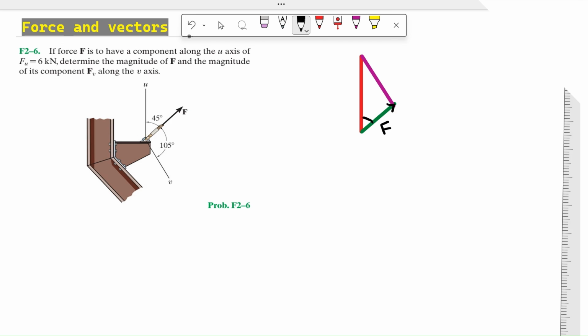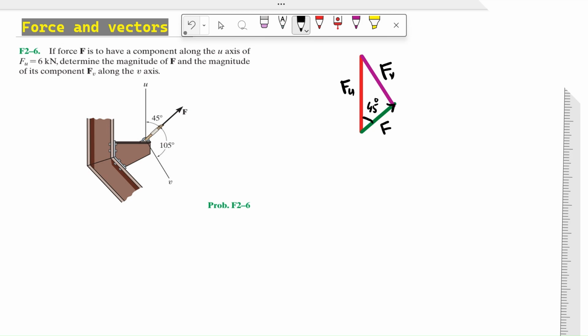So this angle is 45-degree, and since this and this are both parallel, this will be Fu, the force component along the U axis. I have drawn it by ruler with the same angle, 105 degrees given. So here this force will be Fv.